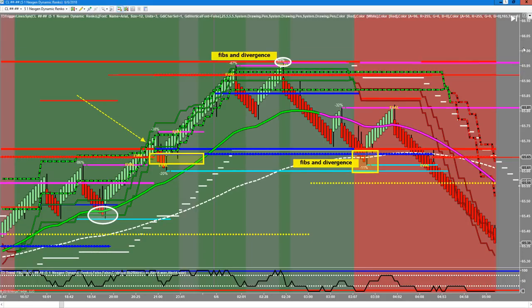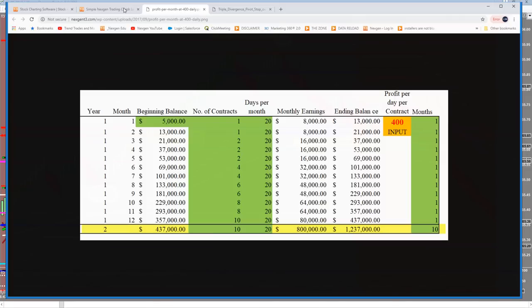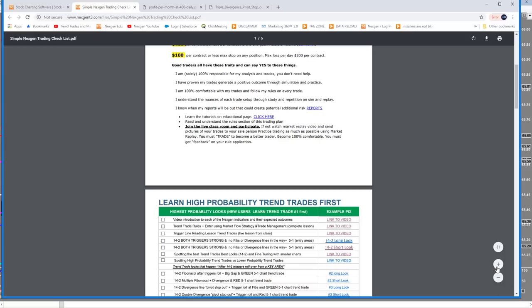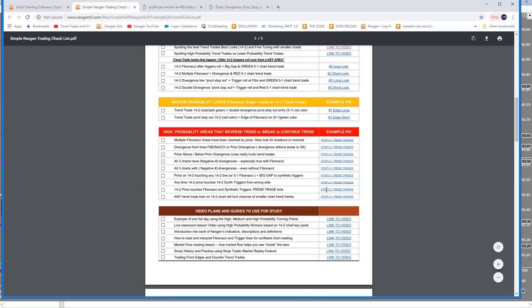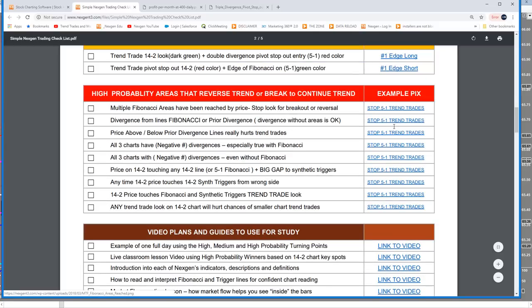Let me revert back to the trading plan for 2 seconds. You're going to love this. In our trading plan, it's very simple. There's a couple of key areas, and this is when you're going to stop doing 5-1 trend trades, and you're going to wait for a reversal in the market, or you're going to wait for that area to break.